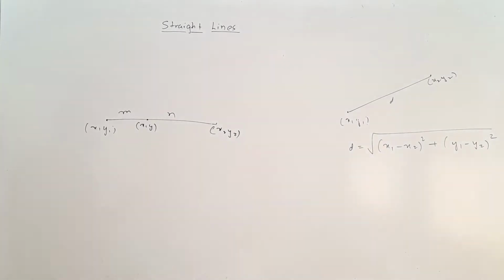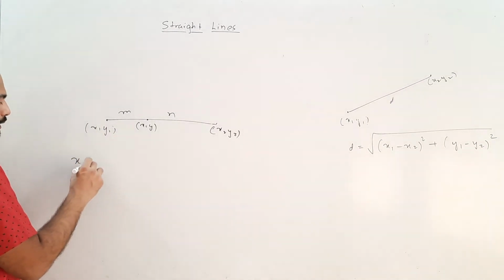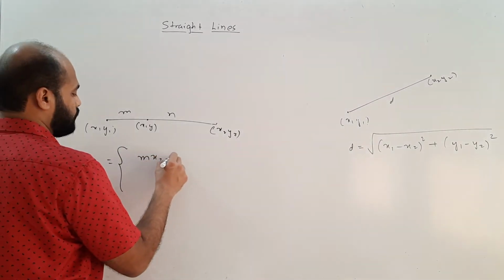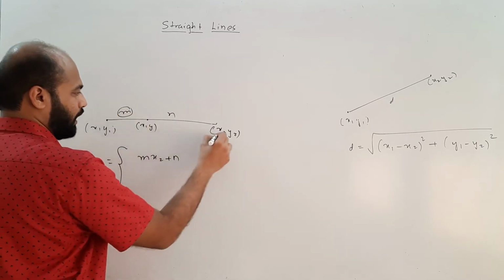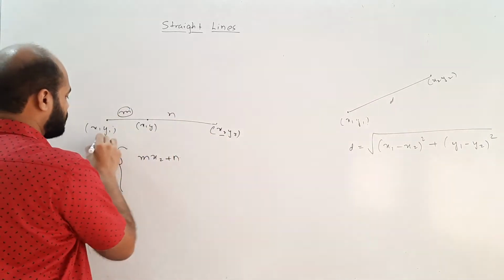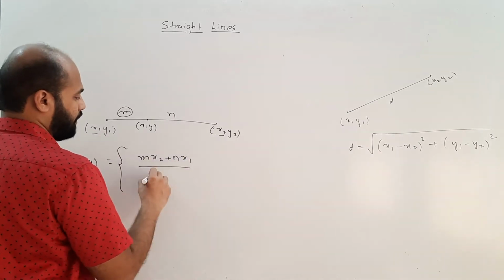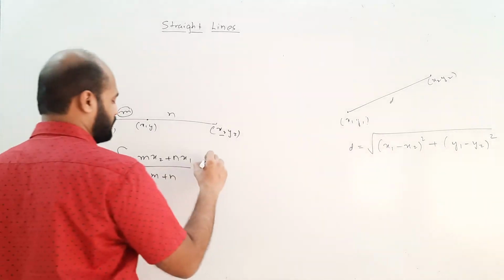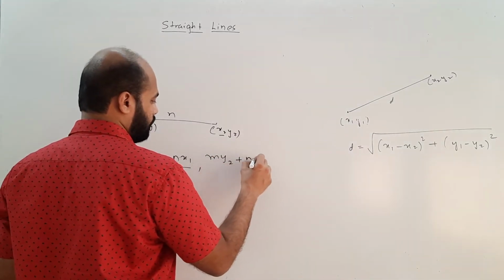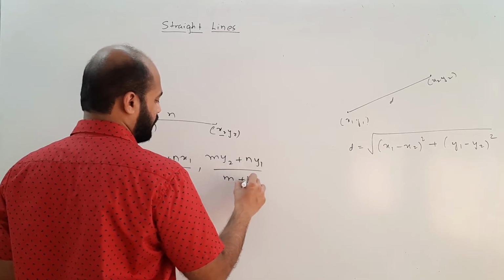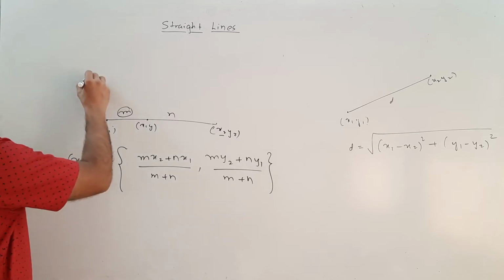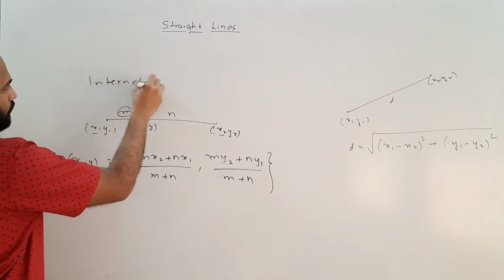With the help of the section formula we can get this point. So x comma y is given as m x2 plus n x1 divided by m plus n for the x, and the y is given as m y2 plus n y1 by m plus n. This is called the internal division formula.